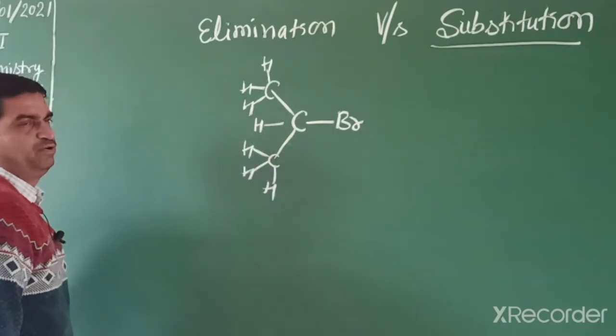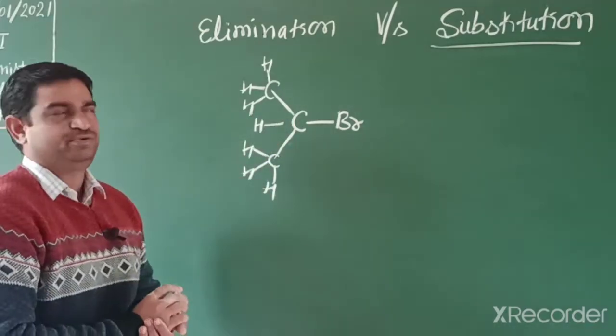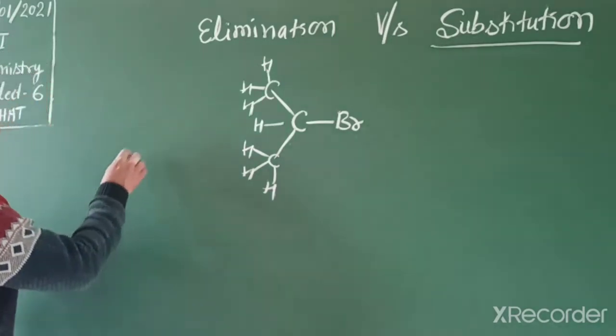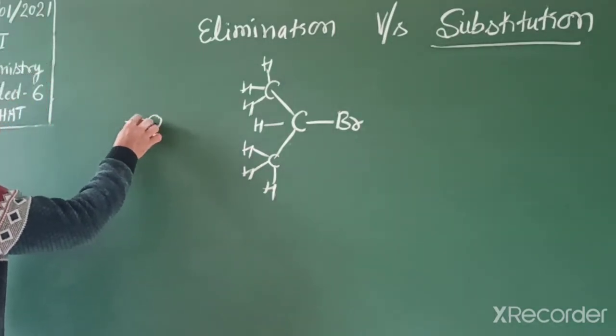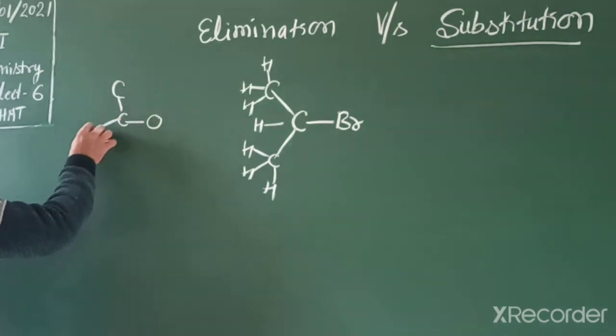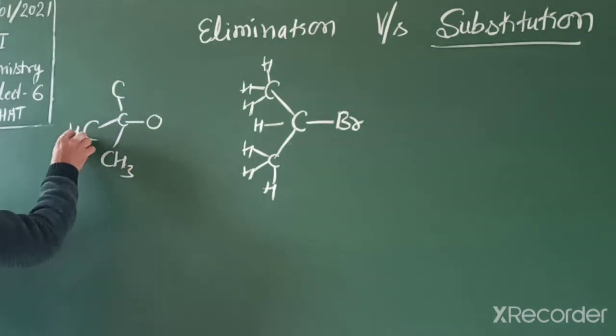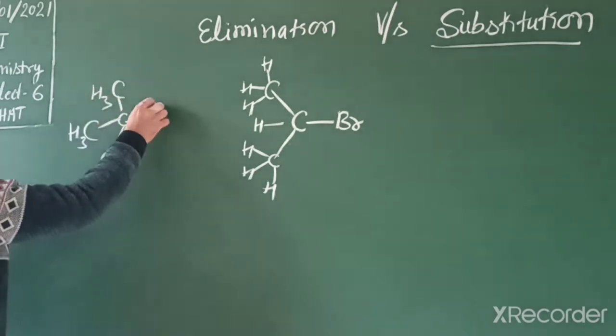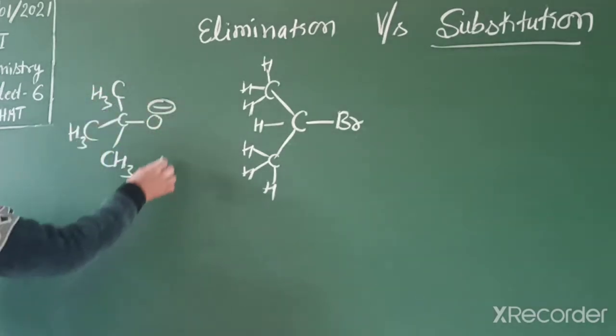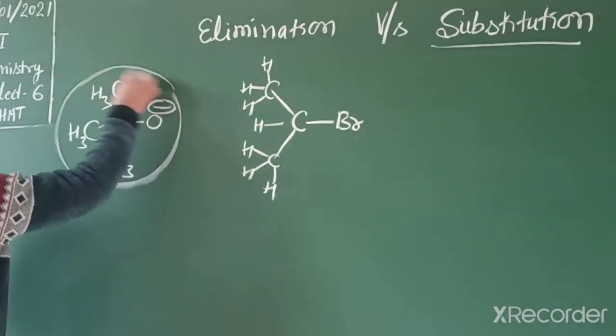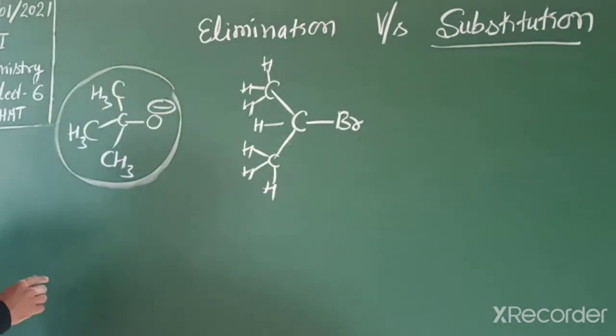In this 2-bromopropane, if a nucleophile attacks, a base like tertiary butyl oxide, which is a large size and acts as a base, then what happens?